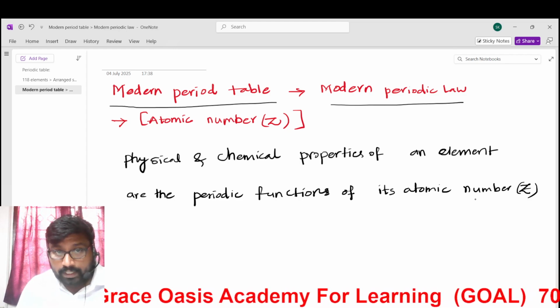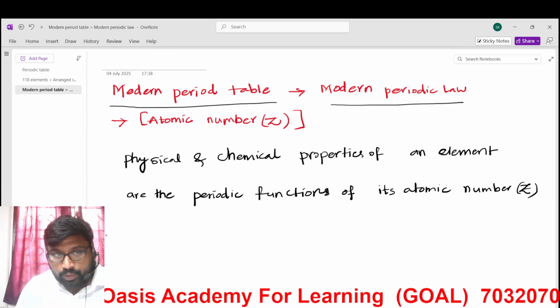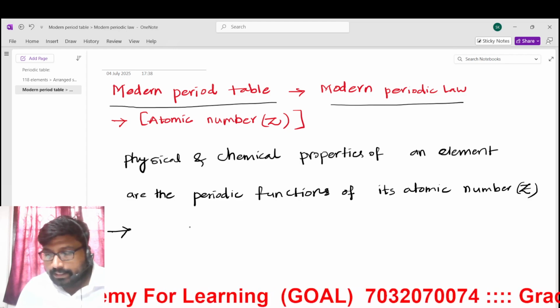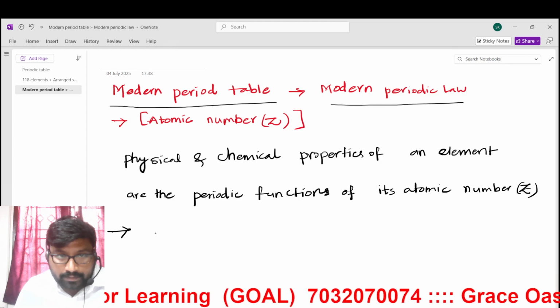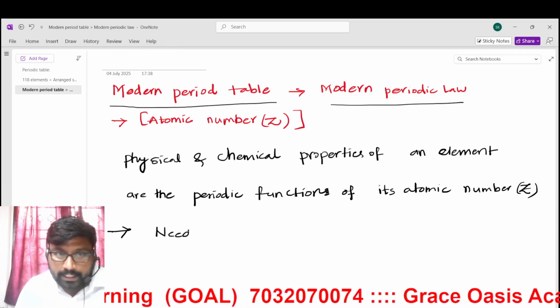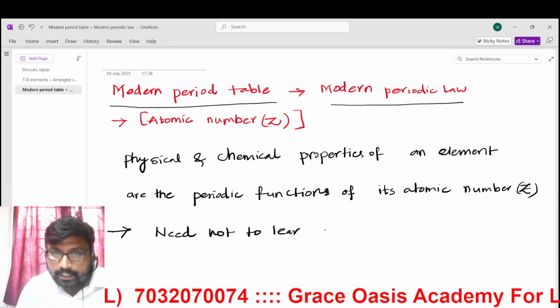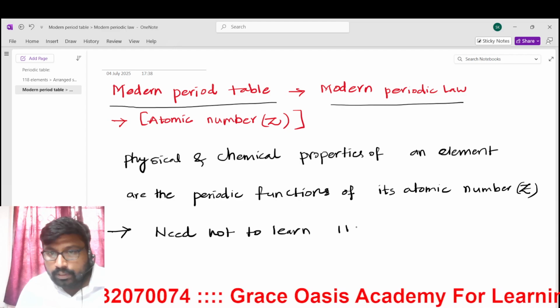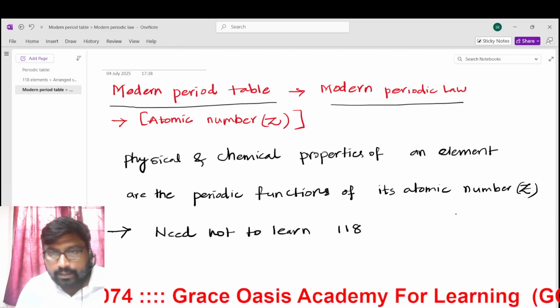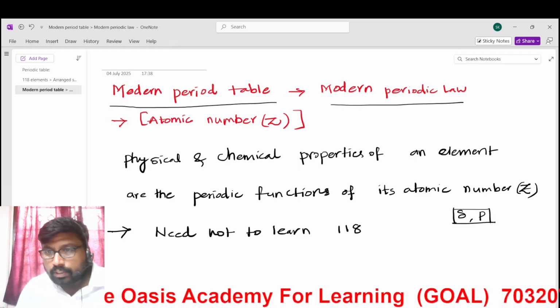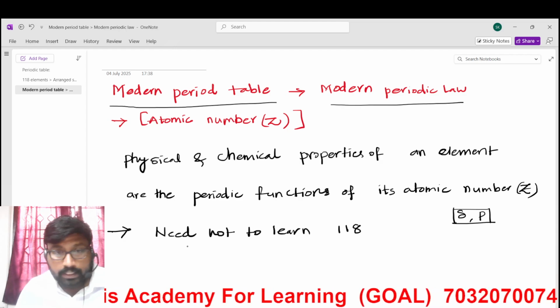Okay, right. So as we proceed further, you can understand what is actually happening. In our case, we need not learn all 118 elements. We are only going to see the S and P blocks in our syllabus at our level.